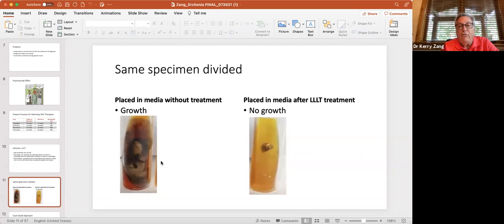I put one half of it immediately into the media. The other half I put on a sterile device into the Lunula device, irradiated it for 12 minutes, and then placed it in the same media.